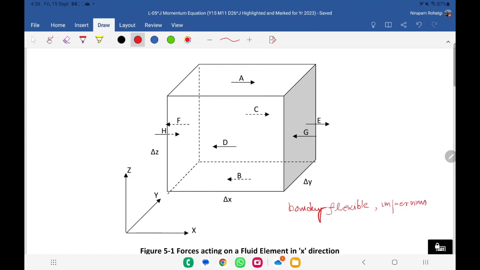Now if you look at this block, all the forces are shown here in either x direction or minus x direction. Okay, we need not bother about forces in y direction or z direction, because we are only talking about conservation of momentum in x direction. Okay, so all these forces A, B and so on, all of them are in x direction.